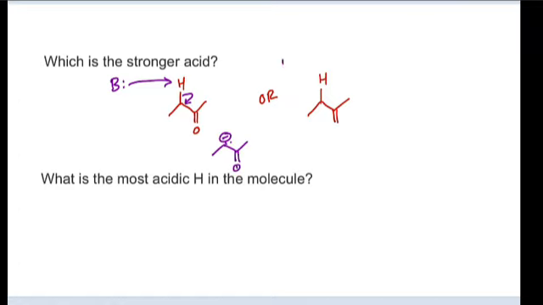Okay, so there's the conjugate base of the first situation, where we have a carbonyl, carbon-oxygen double bond, and here's the conjugate base of our second situation, where we have a carbon-carbon double bond instead of a carbon-oxygen double bond.